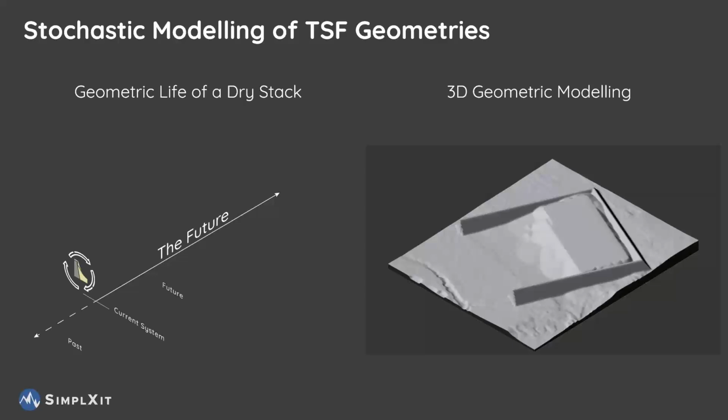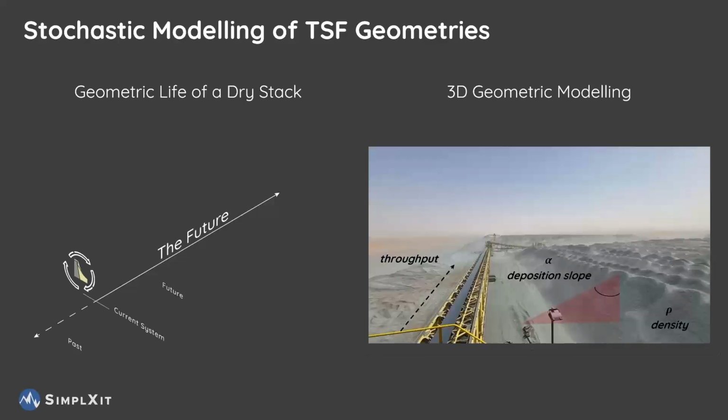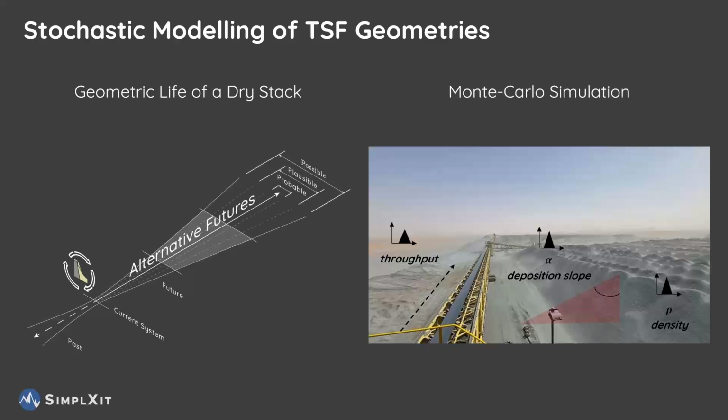Now, while that looks pretty, this is just one realization of the future. What we're interested in is the likelihood of that geometry, what it's going to look like in the future. This is where Monte Carlo simulations come into play. Basically, in Monte Carlo simulations, we replace deterministic fixed variables with distributions.